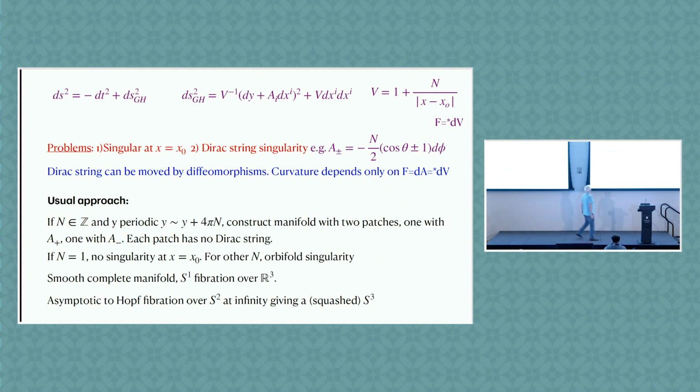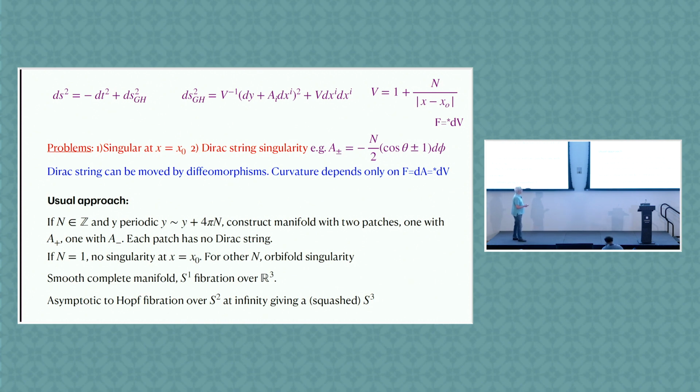There's a well-known solution to this, which is probably familiar to most of you. If we require n to be an integer and we take the coordinate y to be periodic with this period, then we can construct a manifold with two patches, one with A plus and one with A minus. In each patch there is no Dirac string.